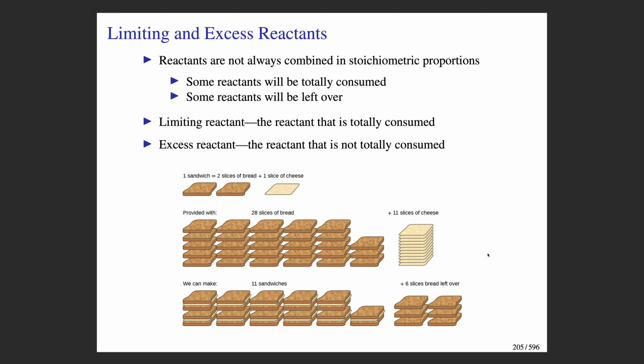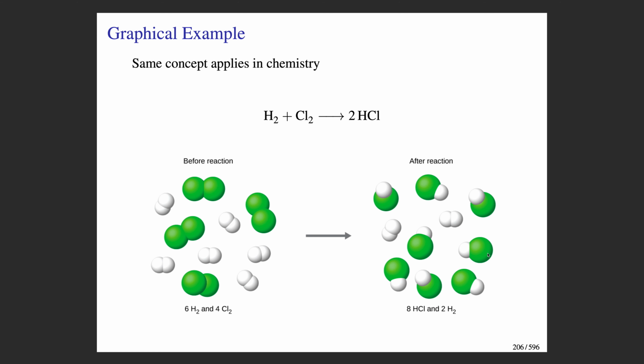The situation is analogous to what we have in chemistry. In this reaction here, we've got hydrogen plus chlorine gives us hydrogen chloride. And let's suppose that you had 4 molecules of chlorine and 6 molecules of hydrogen.